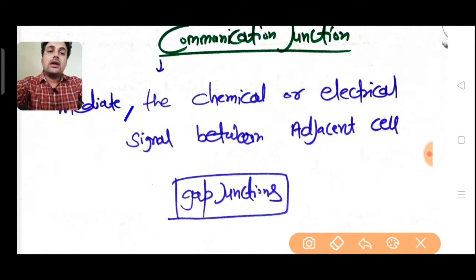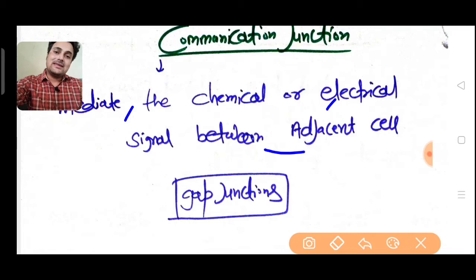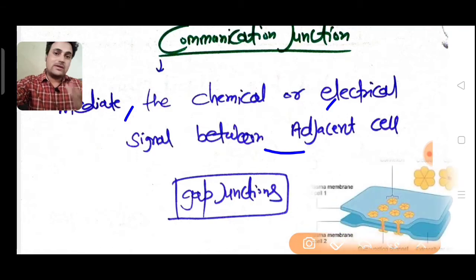They mediate the chemical or electrical signal between adjacent cells, or you can say neighboring cells. So they give a passage to the neighboring cell for transporting ions, molecules, or inorganic molecules. Okay, so that is communication junctions.